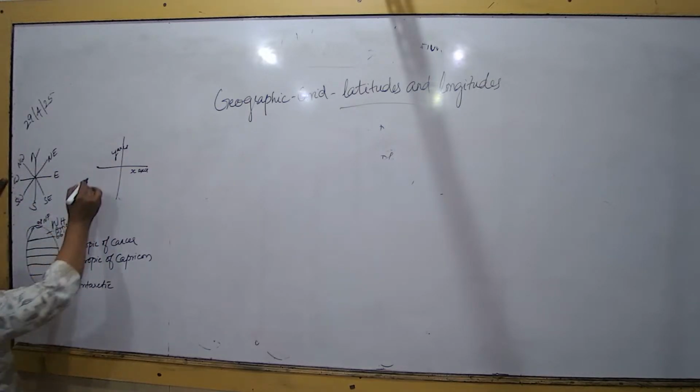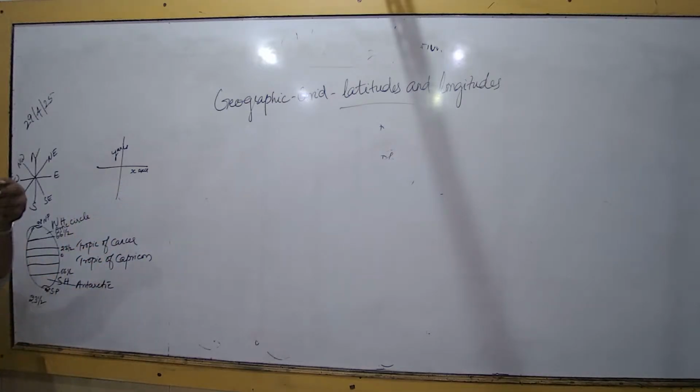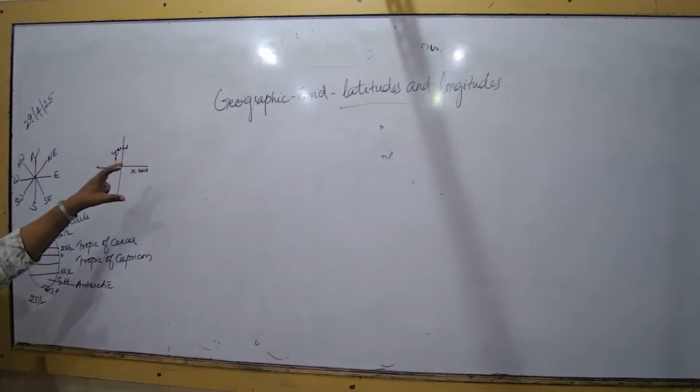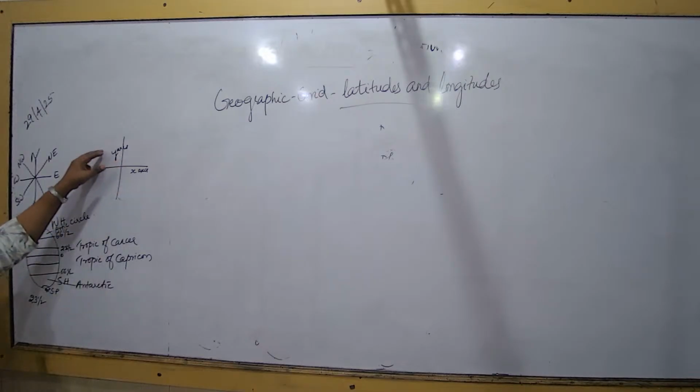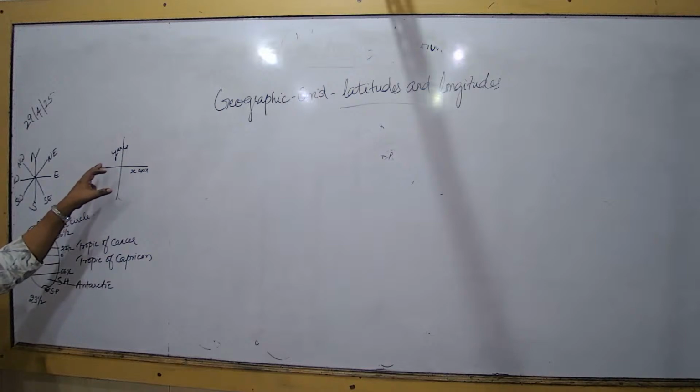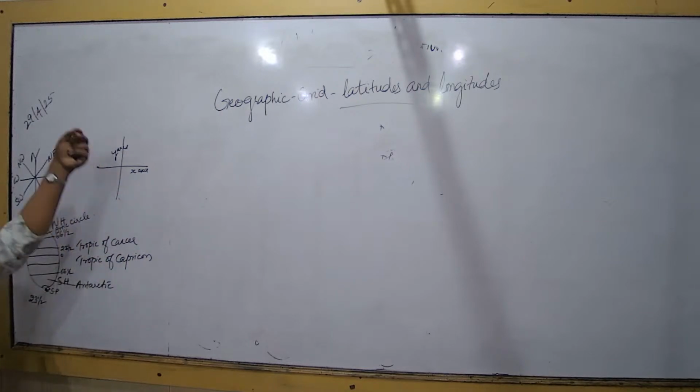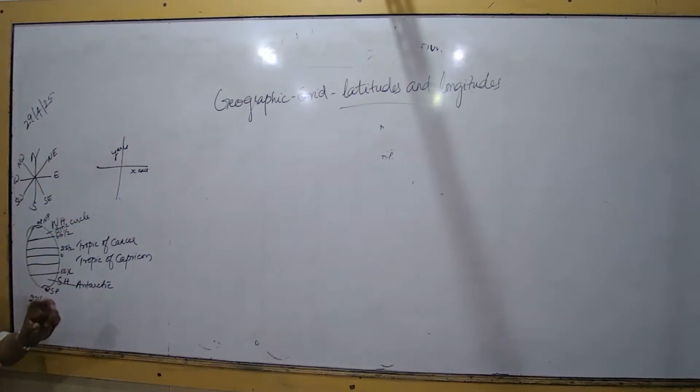So, compared to that, on our earth, the vertical lines are, which are latitudes. Sorry, horizontal lines I told, or vertical lines I told. So, horizontal lines are latitudes and vertical lines are longitudes. Clear? Now, next point. The lines running east to west parallel to equator are called lines of latitude.